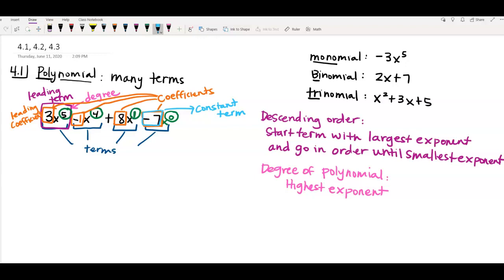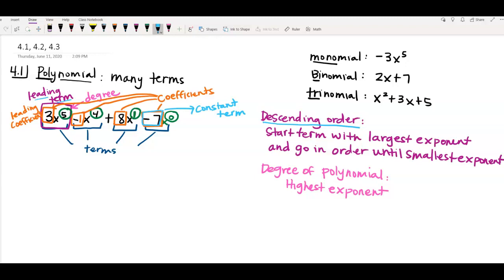When we're talking about the leading term or the leading coefficient, you first have to make sure that you're putting your polynomial in descending order, and then whichever one has the highest exponent becomes our leading term. And the number that's out in front of that, this 3, is our leading coefficient.